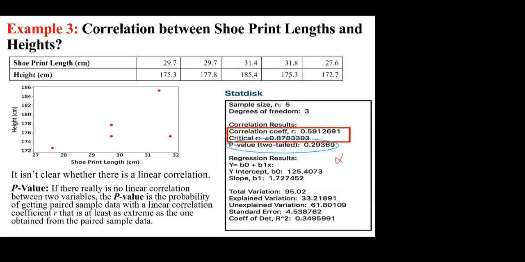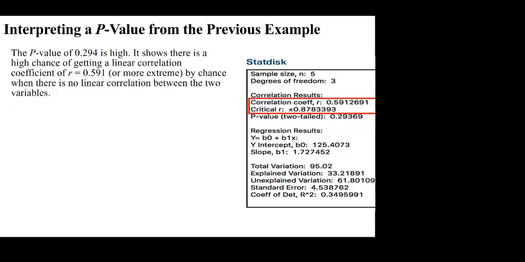If it's larger than that, you don't reject H0, which means there is no correlation. And if it's smaller than that, you reject the null hypothesis. That means there is a correlation. You don't have to worry about that as far as the exam is concerned, but I want you to see that here's the explanation.